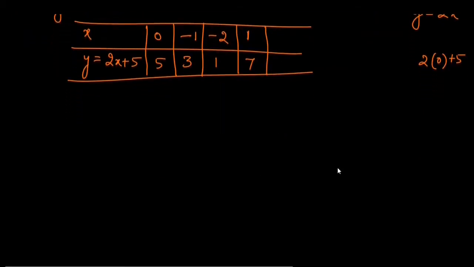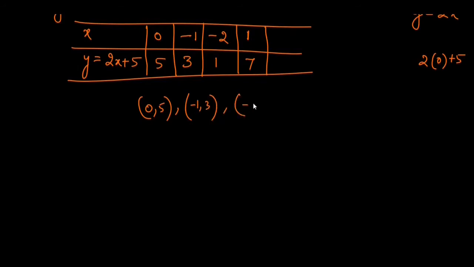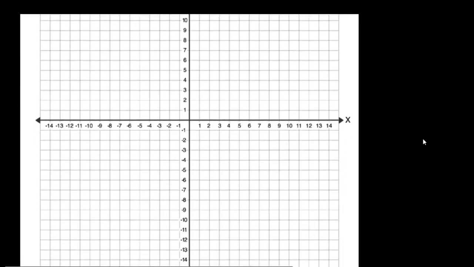Now let us take these points (0, 5), (-1, 3), (-2, 1), (1, 7). (0, 5) is here. (-1, 3), (-2, 1), and (1, 7).